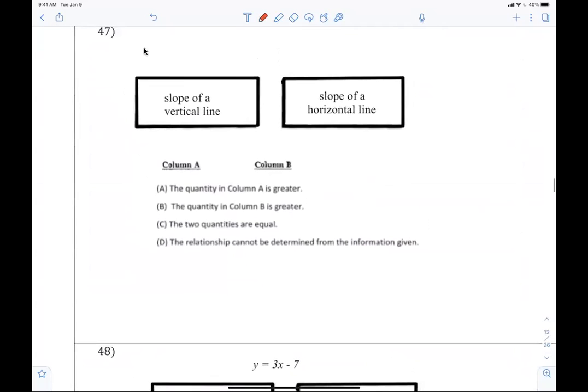I kind of like 47. Which one's greater, the slope of a vertical line or the slope of a horizontal line? What do you think? It's D. There is some debate over this, so I'm not going to make much issue of it.